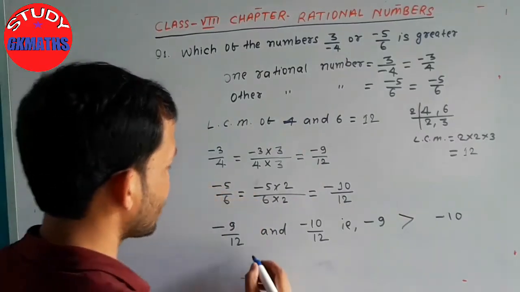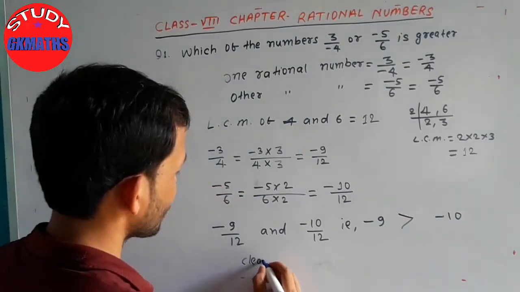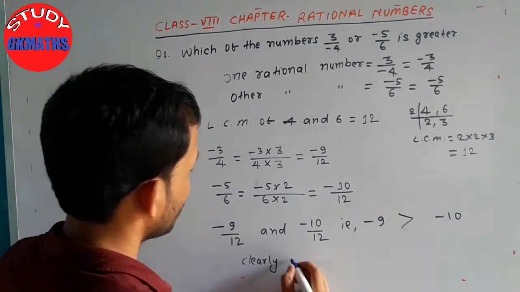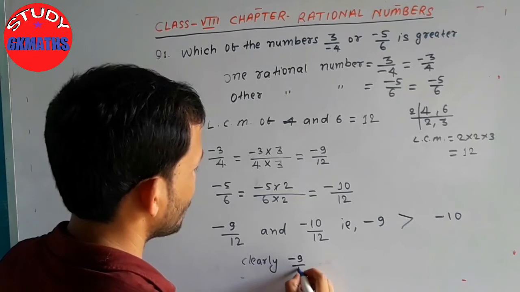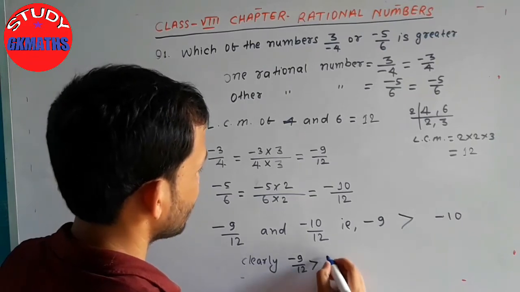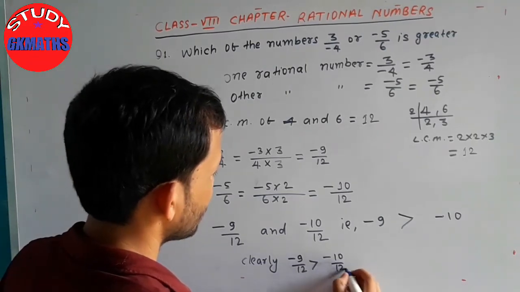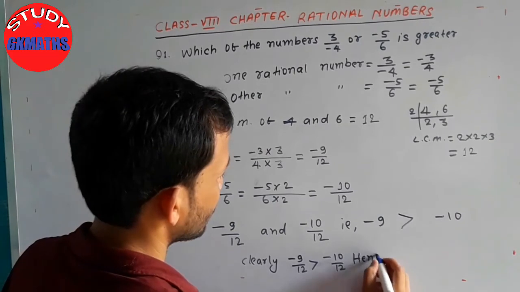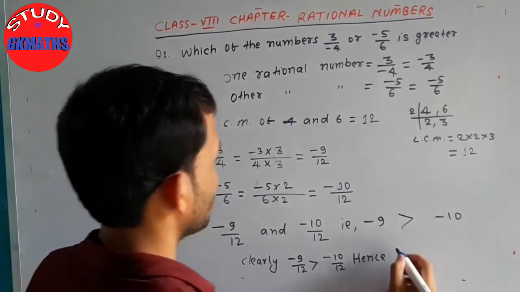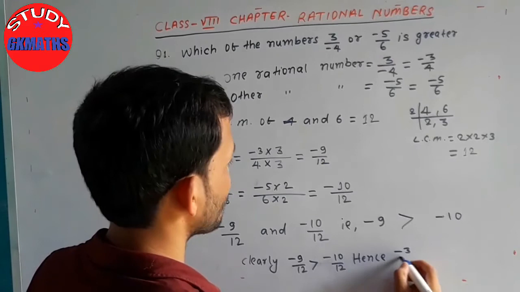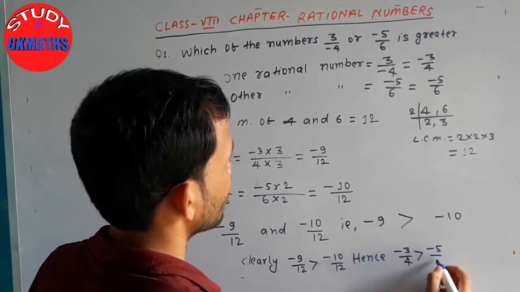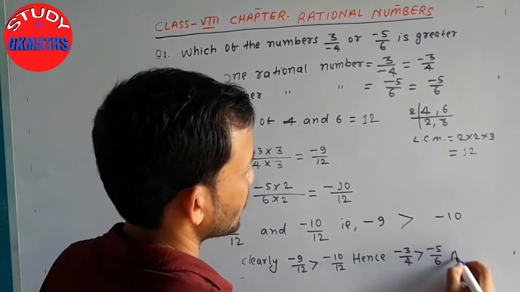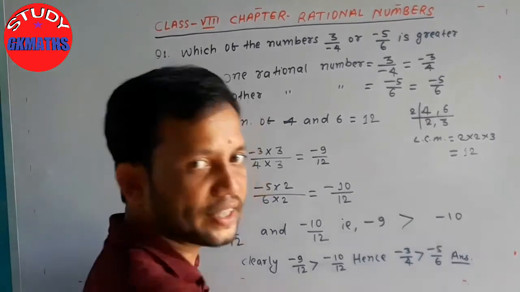You can say clearly that minus 9 upon 12 is greater than minus 10 upon 12. Hence you can say that minus 3 upon 4 is greater than minus 5 upon 6. This is your answer. You will take the next question.